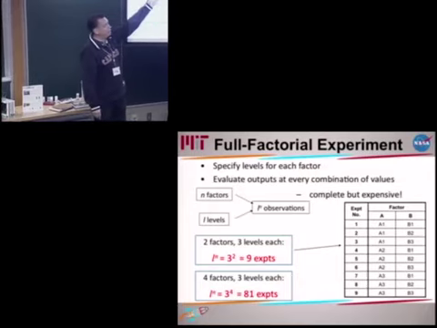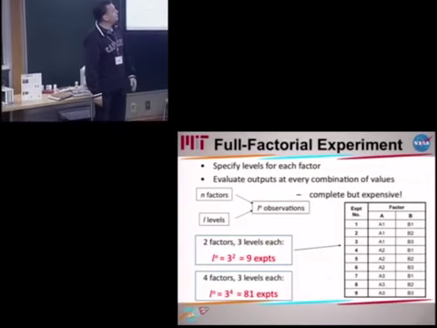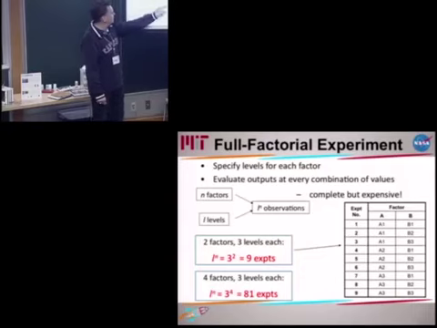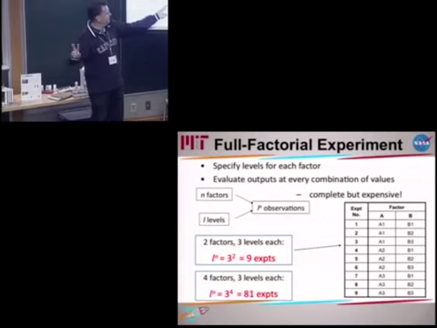But if we wanted to go to double the number of experiments, it would be much more expensive. So, with 4 factors and 3 levels, here you end up with 81 experiments, right? That's not quite right.